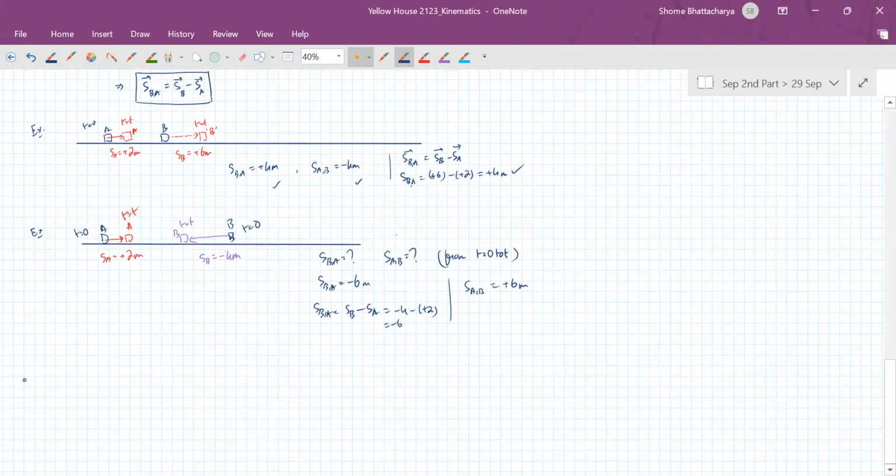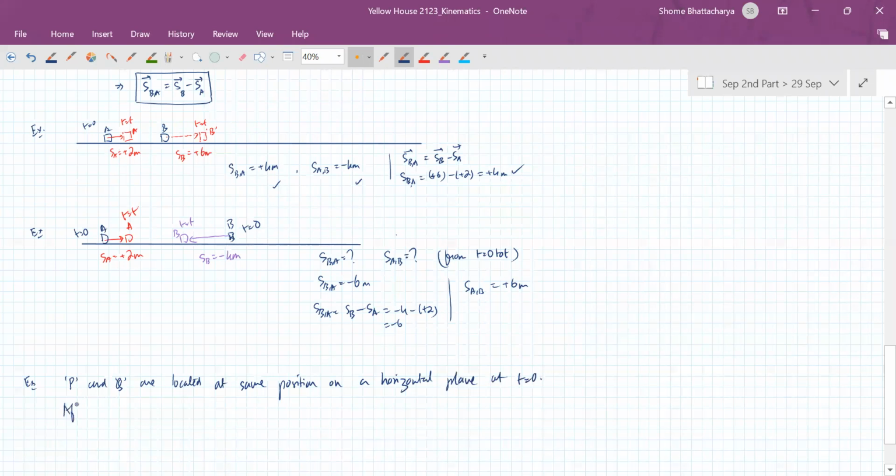Now let's look at a two-dimensional example. So P and Q are located at the same position on a horizontal plane at t equal to 0.